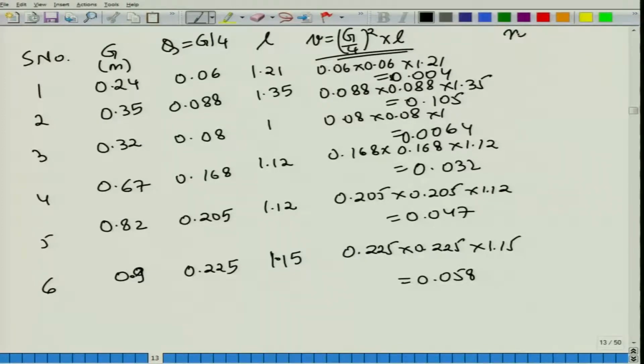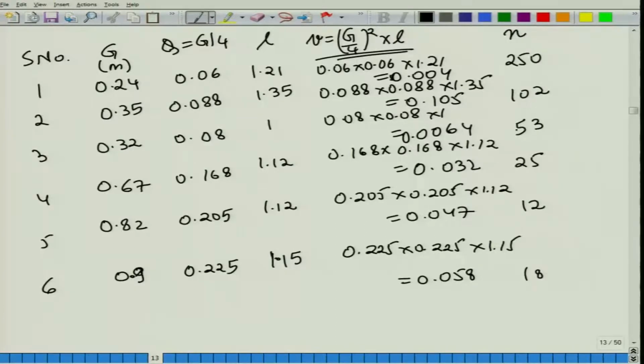Now, the number of logs is also given. So, that is 250, 102, then we have 53, then we have 25, then we have 12, then we have 18.